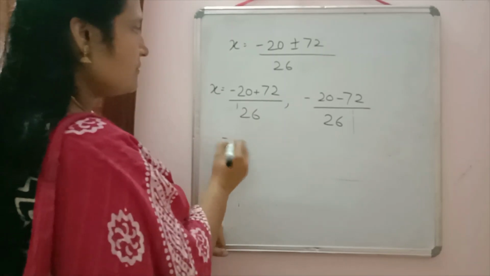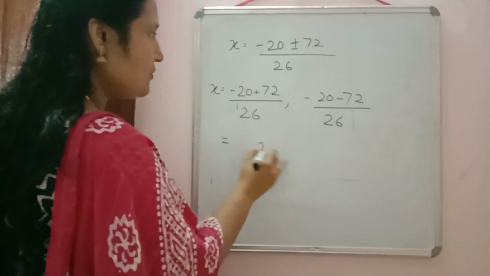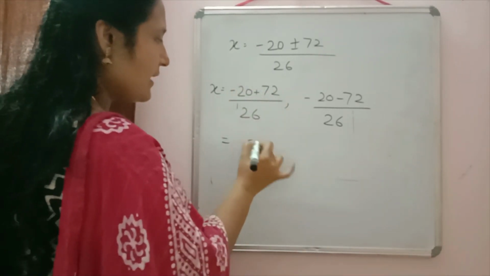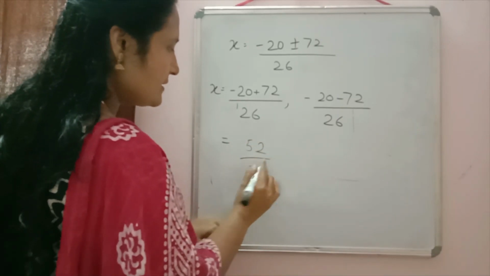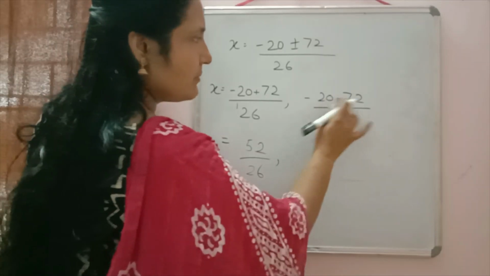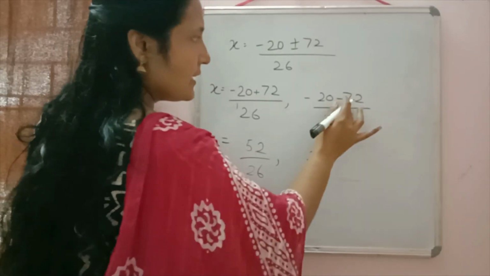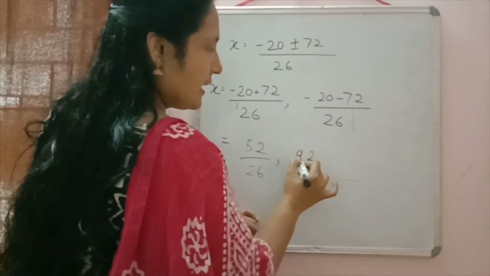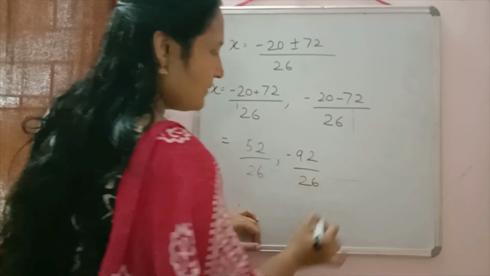Minus 20, we can do the subtraction here. 2 minus 0, 2. 7 minus 2, 5. So 52 by 26, or here if we do it, it will be equal to minus 92 by 26.